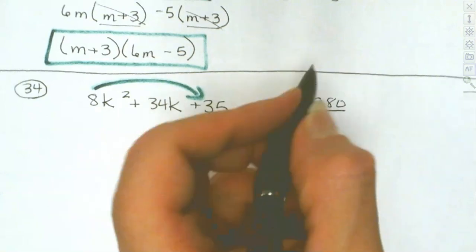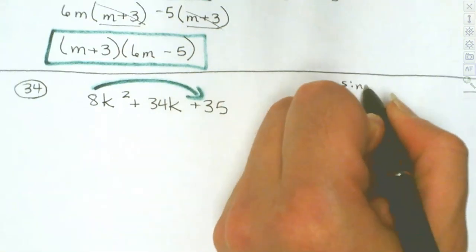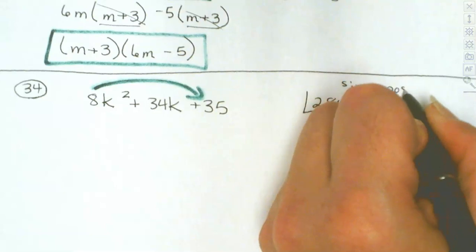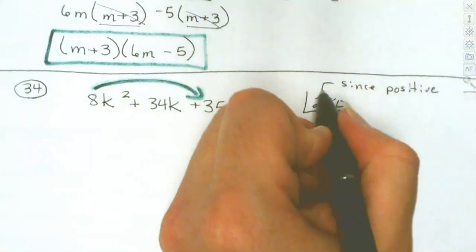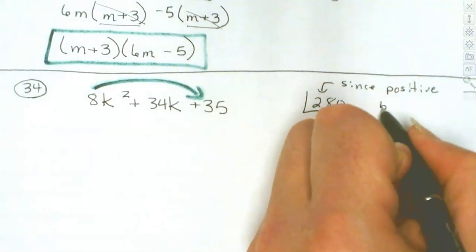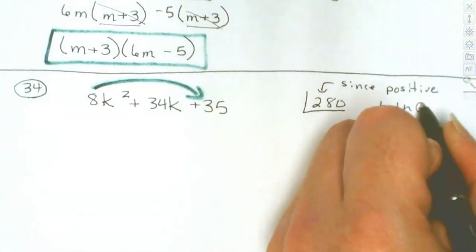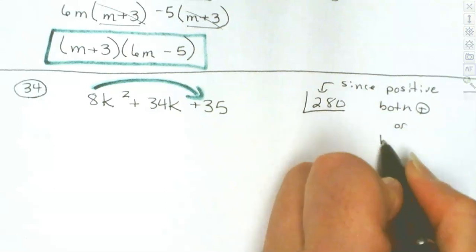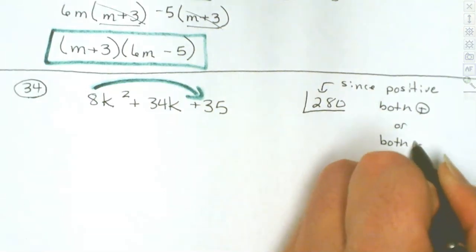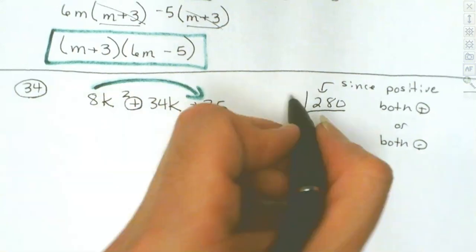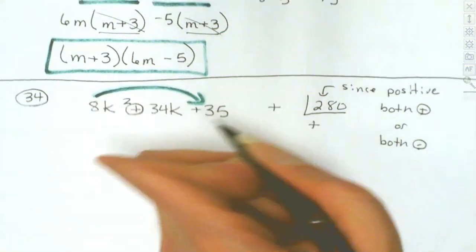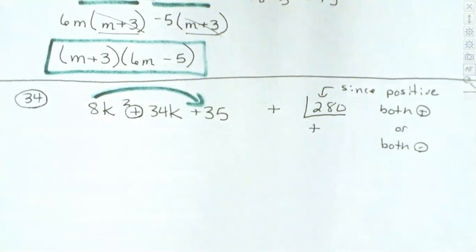Since this is positive, what do we know about the signs? Since it's positive, we know that they are either both positive or both negative. And we look at the sign in the middle. What's the sign in the middle? Positive. So we now know that they're both positive.